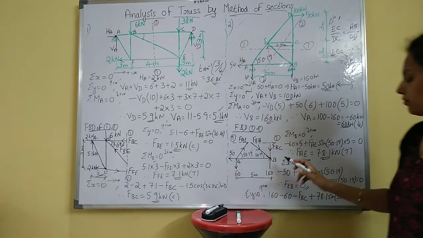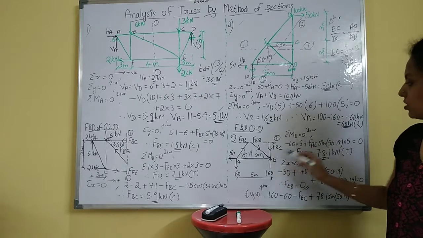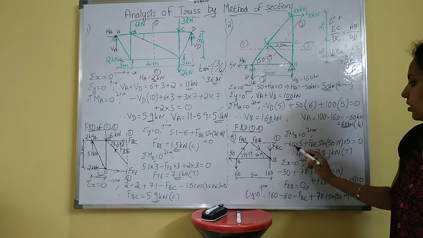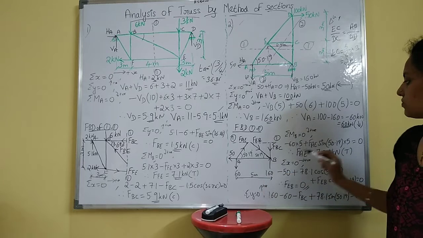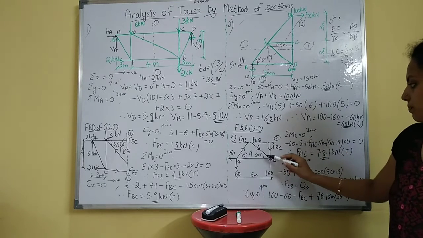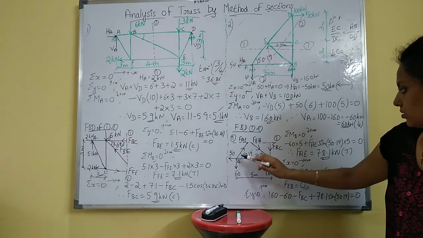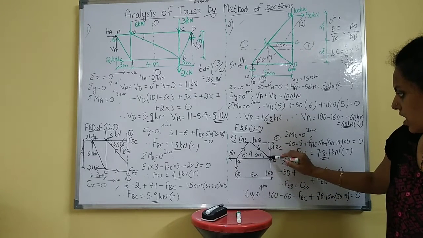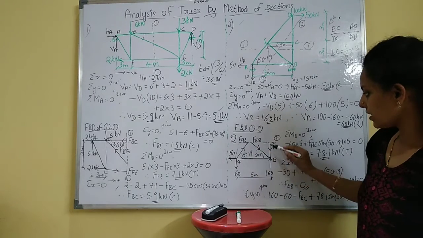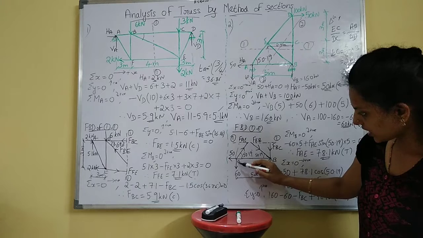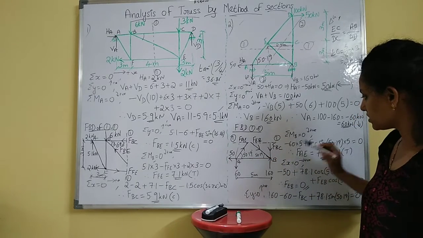Then after drawing this free body diagram, take summation of moment at point B equal to 0, clockwise as positive. At point B, the 60 force is anticlockwise, so minus 60 into 5.